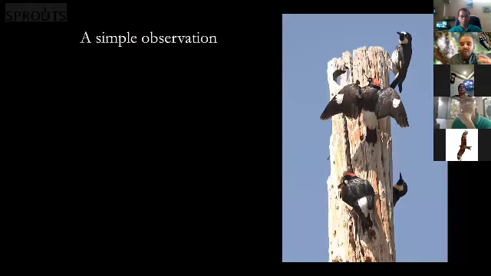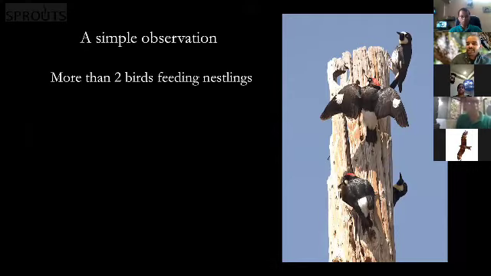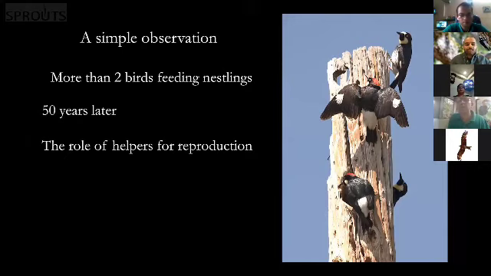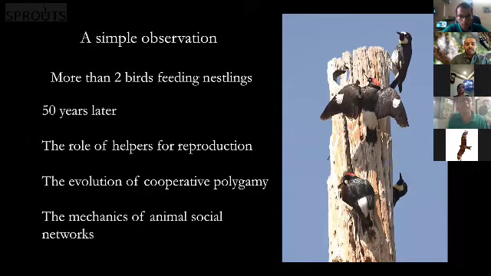So I want to close, so we have enough time for questions, with the fact that a simple observation that happened in the early 1900s, that more than 2 birds were feeding chicks at a nest, 50 years later has been an outstanding study on the role of helpers in reproduction, the evolution of cooperative polygamy, and now will be a study that tells us what the mechanics of animal social networks are.